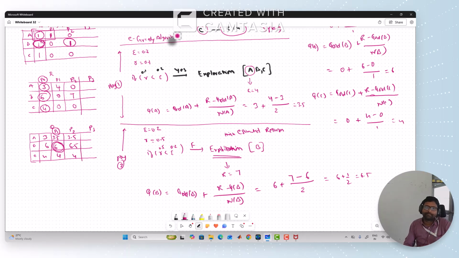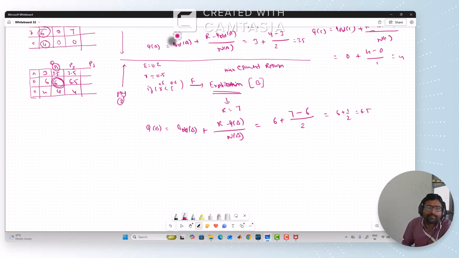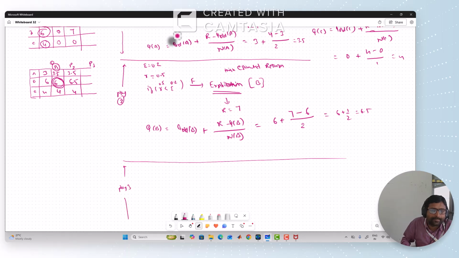Like this. Clear? Now, maybe this time you can go with play 3, because the user wants to go with 3 plays. Then as usual your epsilon value is 0.2, randomly generate the R value. Maybe R value is 0.05, let us assume. Then if your R value is less than epsilon, R value is 0.05, epsilon equals 0.2, so it is true.